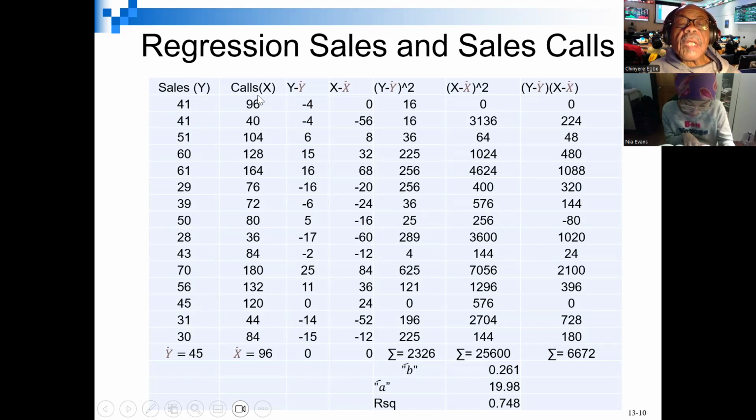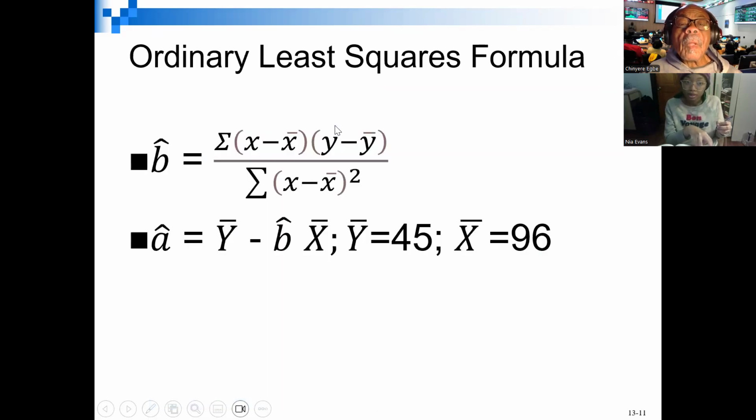The number of calls is X, the independent variable. Okay, and I'm going to show you the formula. So our objective is to estimate A hat and B hat.